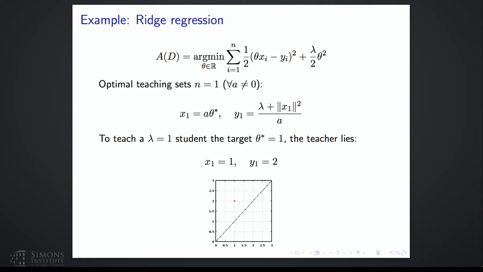Right? It's teaching with something that's wrong. It's not a point on the eventual line. And the teacher needs to lie because the student is shrinking the estimate. So it needs to do that so that it cancels out that regularizer. And that's the single item teaching set.